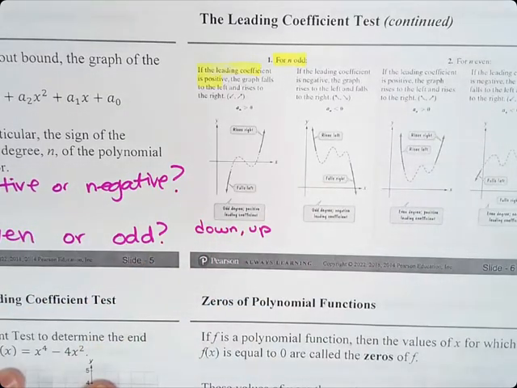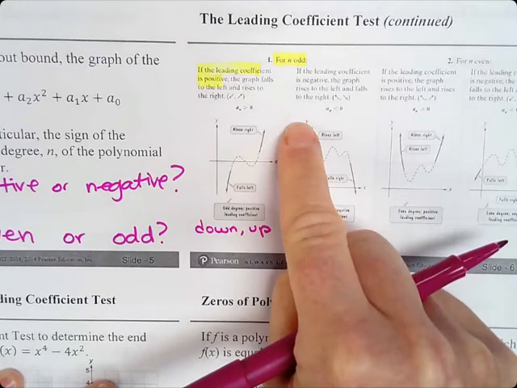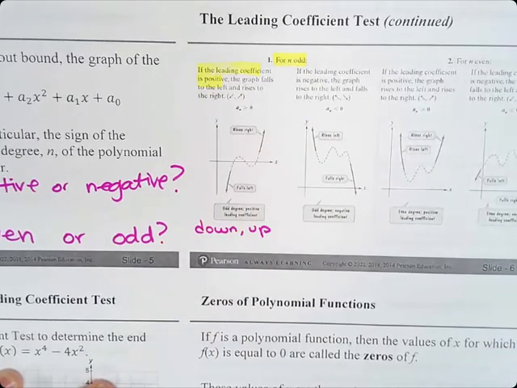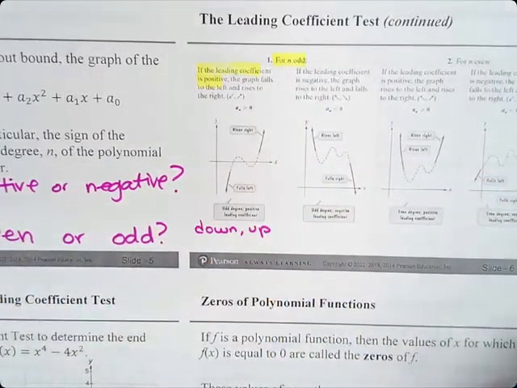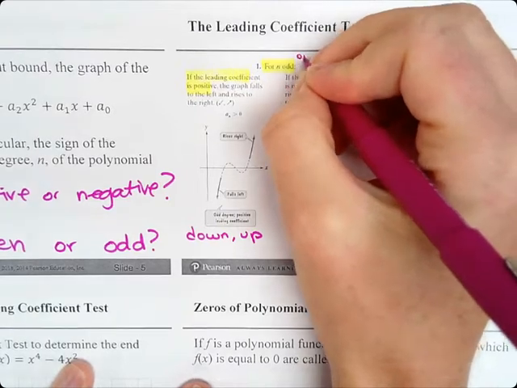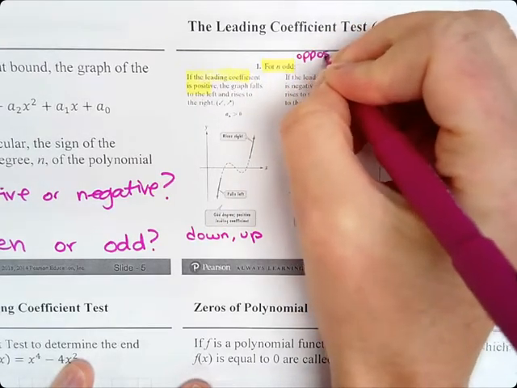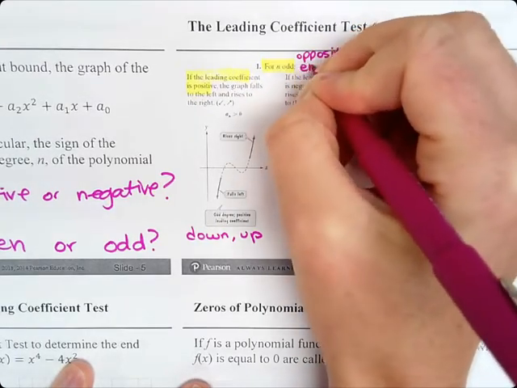It's falling to the left, rising to the right. It's going down here and it's going up here. Odd functions are always opposite of each other. Even functions will go left and right in the same direction. So odd, they are different in behaviors. So opposite in behaviors.